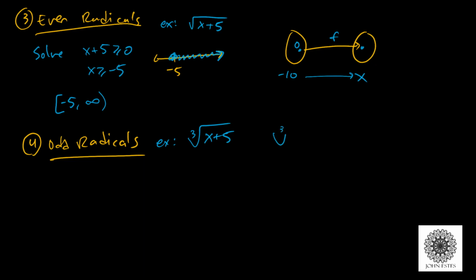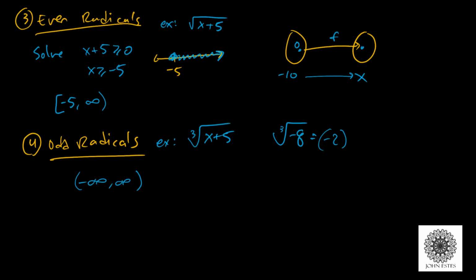For example, what's the cube root of negative 8? In other words, what thing multiplied by itself 3 times is negative 8? Well, negative 2 cubed is negative 8. So here you can plug in negatives from the domain and still get a real answer. For odd radicals, there's nothing to really worry about. Your domain's always going to be negative infinity to positive infinity.